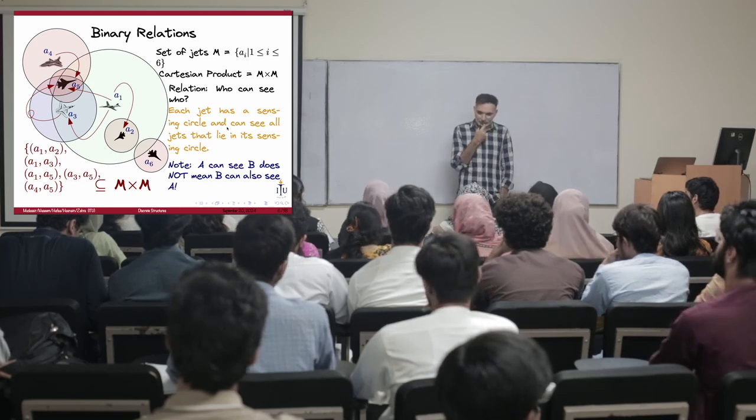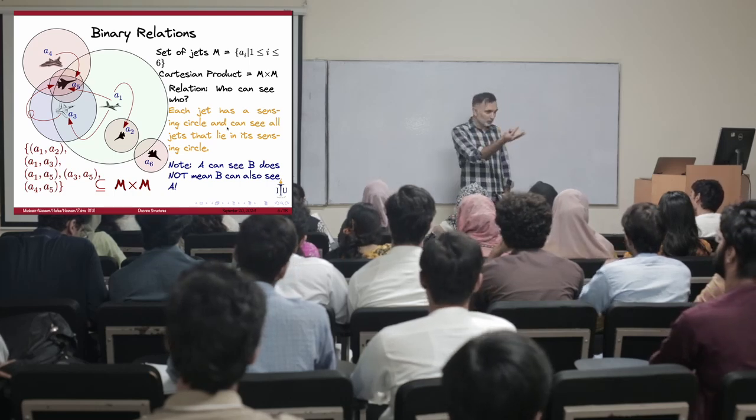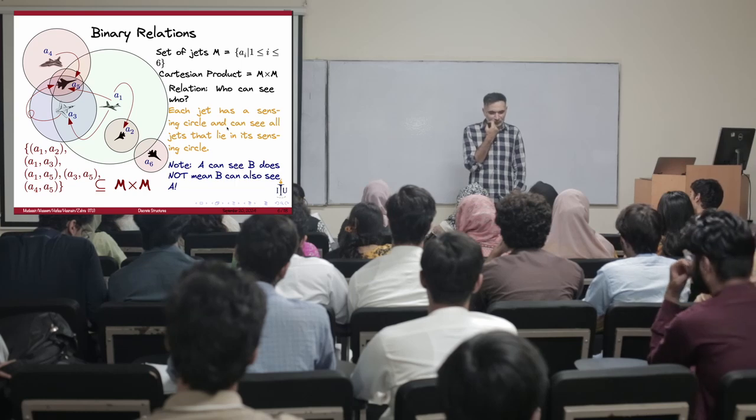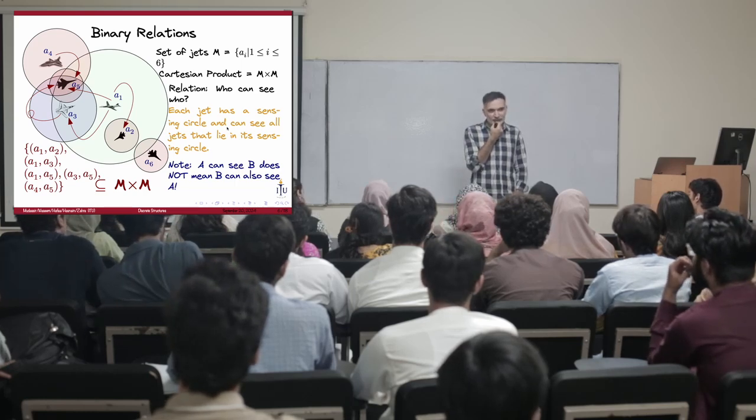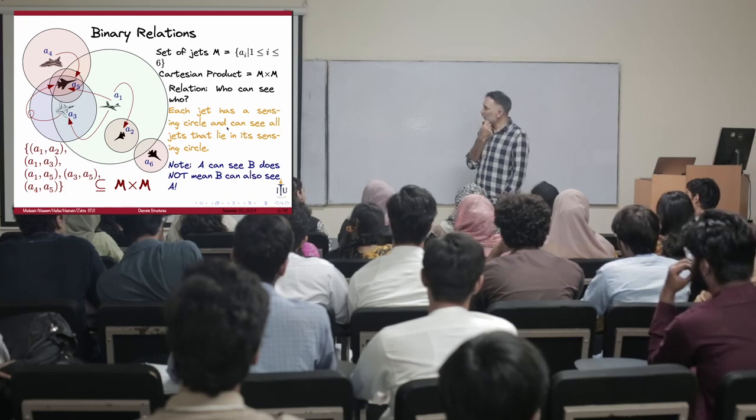I have a follow-up question. How many different relations can I construct on this set M?